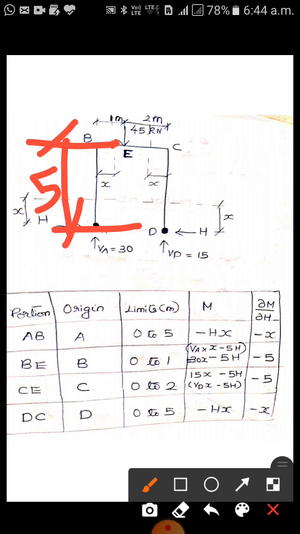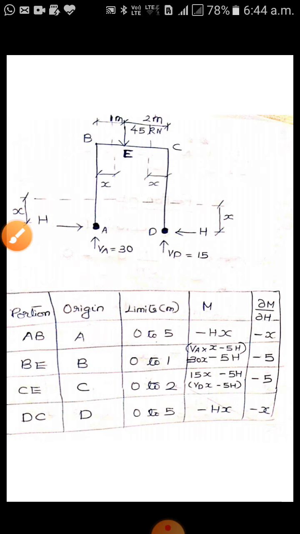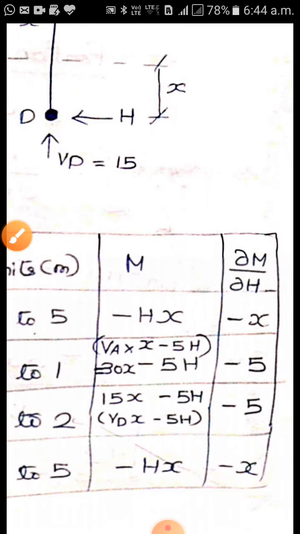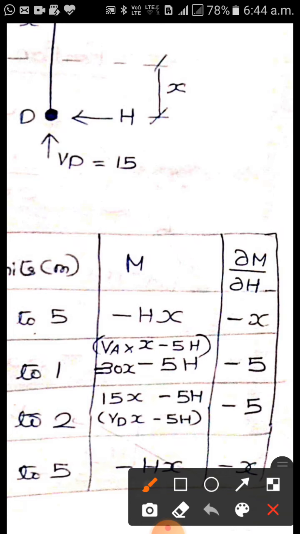So H into X. Now you have to do partial differentiation with respect to H. So VA into X is 30X minus 5H. So the only term with H is 5H, so minus 5. Here also the same. And here into X. The other terms are constant, so you can't differentiate.